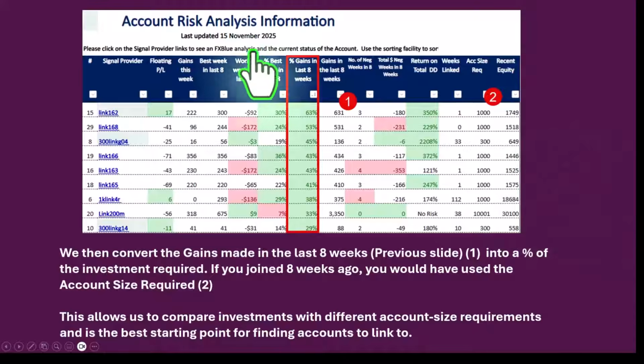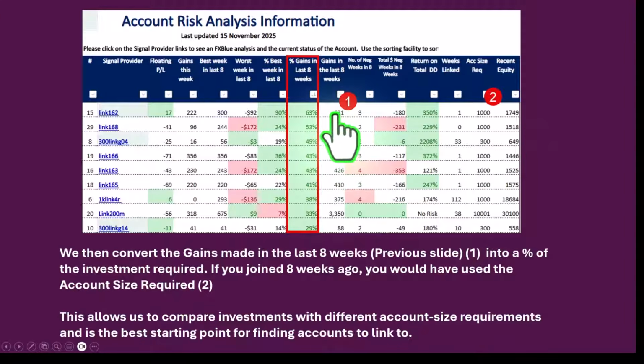Okay, so now in this table we have percentage of gains in the last 8 weeks. Now why that's important is that, as you can see, the account balances are completely different. Here's a 10,000, there's a 300. So to compare accounts on a like basis, we convert the earnings by relating them to the account balance. So that is 63%.